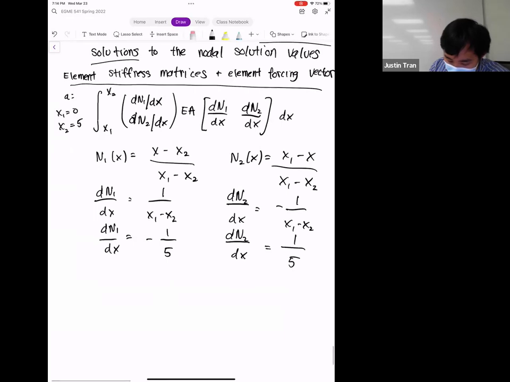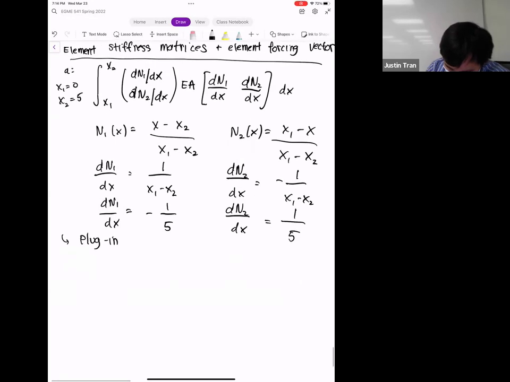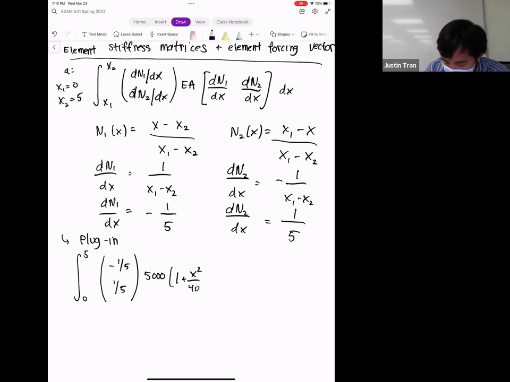Let's plug these in, and we're also going to plug in for E and for A. So we have the integral from 0 to 5, that's x1 to x2, of the vector with minus 1/5 and a positive 1/5 on the bottom, E here is 5,000, A is 1 plus x squared divided by 400, and then a row vector of minus 1/5, 1/5, dx.